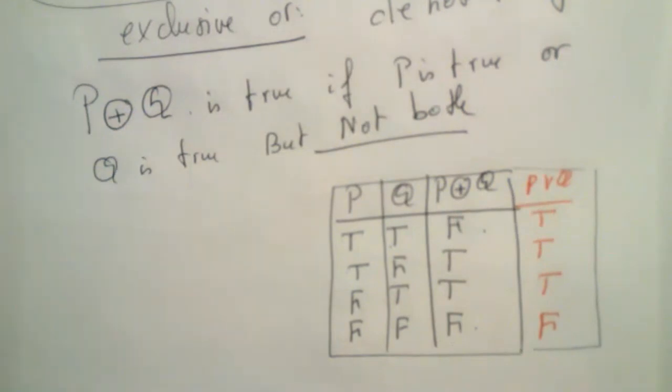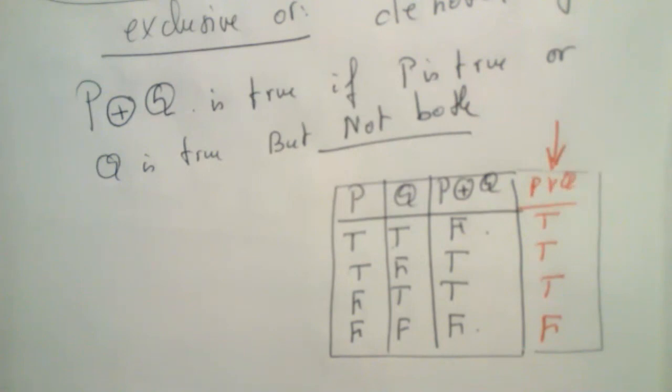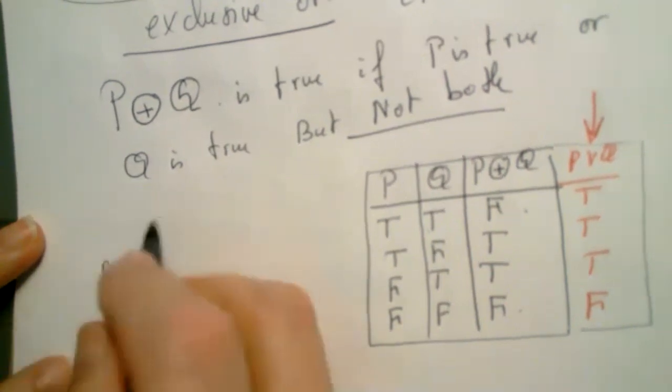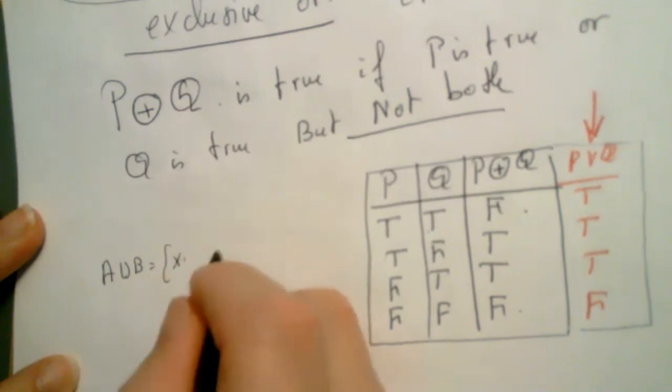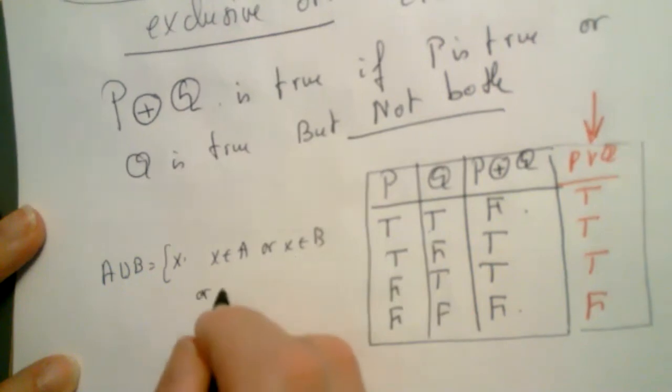In math, whenever we have OR, that's the OR we mean. If I tell you 2 is prime or 2 is even, the OR is the inclusive OR. The exclusive OR has to be made very clear. For example, when I introduced A union B, I wrote all the x's such that x is in A or x is in B or in both.